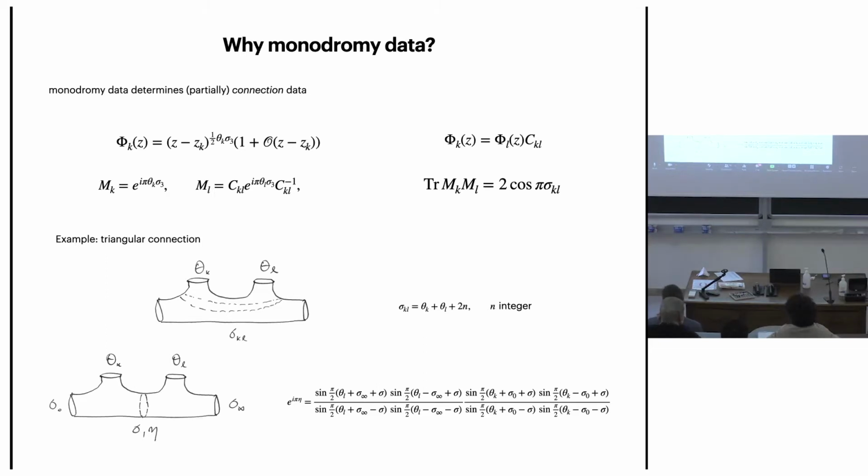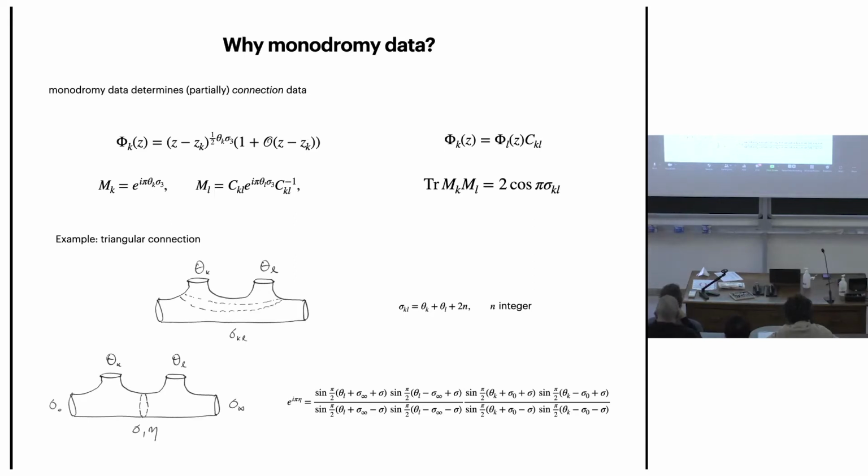This problem you cannot solve by just monodromy data, but you can constrain it well enough. To see that it affects the monodromy data, you just write explicit formulas for the monodromy data based on zk. For zk, it's just the diagonal form that I showed you. But for zl, you need to translate the solution that you find at zk to zl.